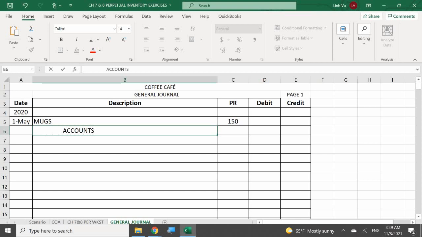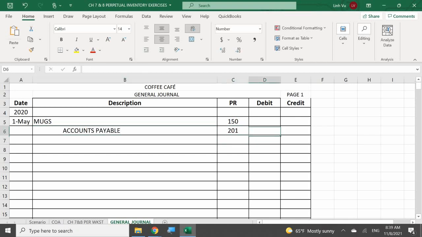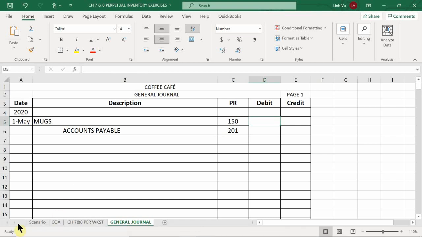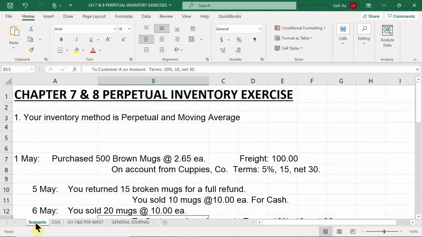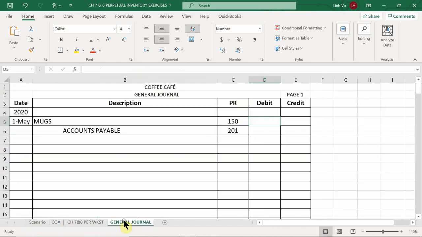So accounts payable. Okay. Now, in this case, how much did I purchase in grand total for my total inventory? I purchased 500 units, right? 500 brown mugs at $2.65 plus a freight of $100. So how much is going to be the total amount that I owe, the total amount of inventory that I have?